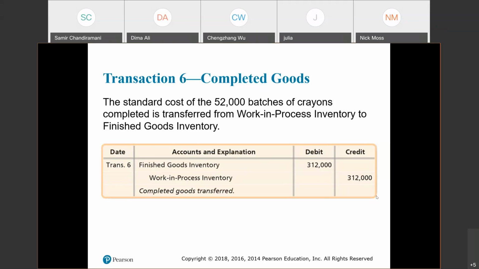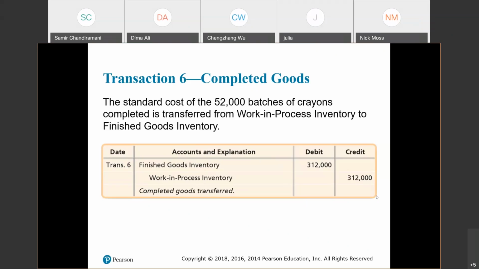The amount transferred is the total standard cost for the 52,000 batches, including direct material, direct labor, and manufacturing overheads. In this transaction, we just transfer the completed goods from WIP inventory to finished goods inventory, which is pretty much straightforward, right?